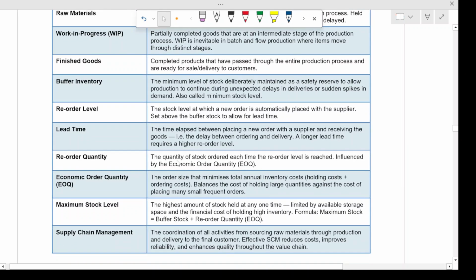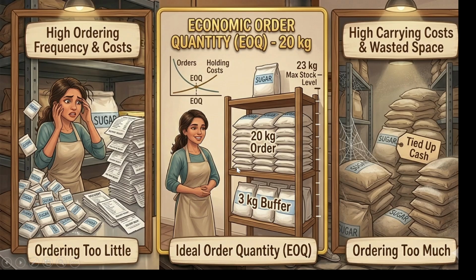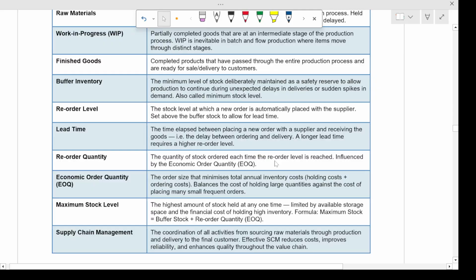Reorder quantity, the quantity of stock ordered each time the reorder level is reached. This is influenced by the economic order quantity. The economic order quantity here is basically the reorder quantity that you have to maintain for ideal operations, so that you would not be ordering too little or too much.